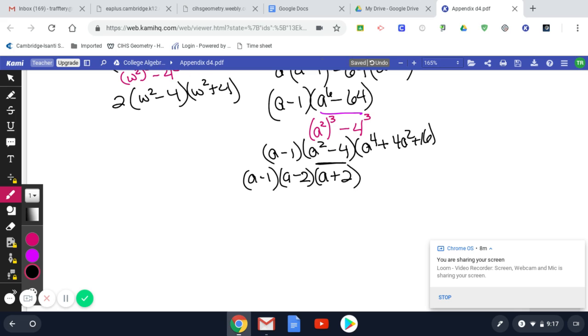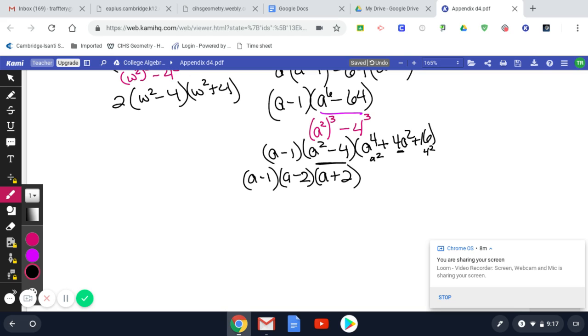And then looking at this, do you see how this is a squared and this is 4 squared? But this term does not meet that. It's not 2 times 4a. So this piece is not the sum of squares.